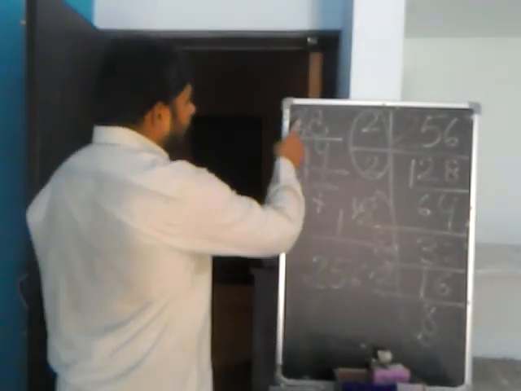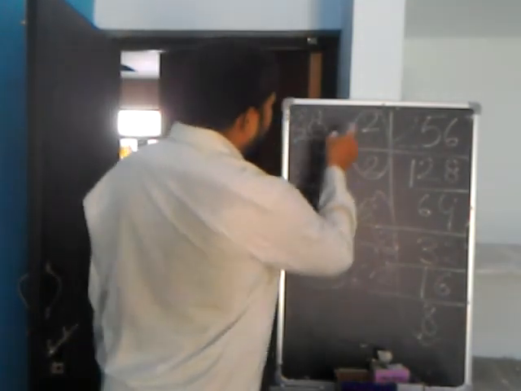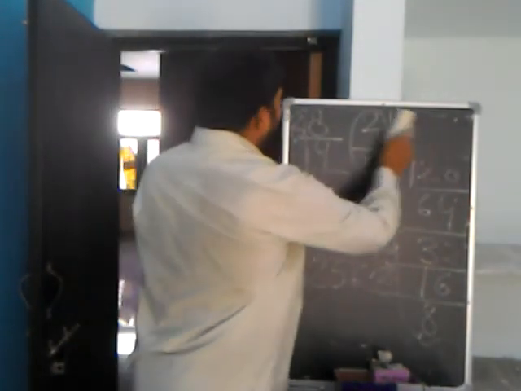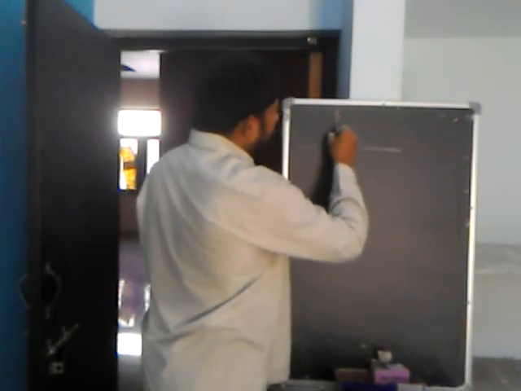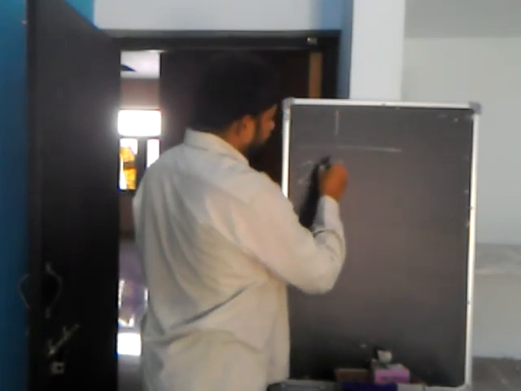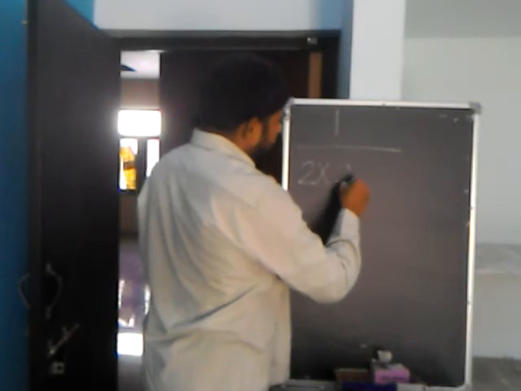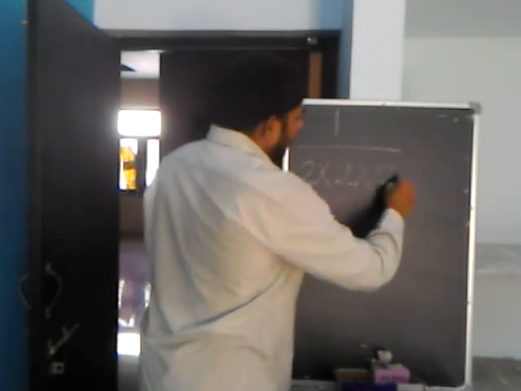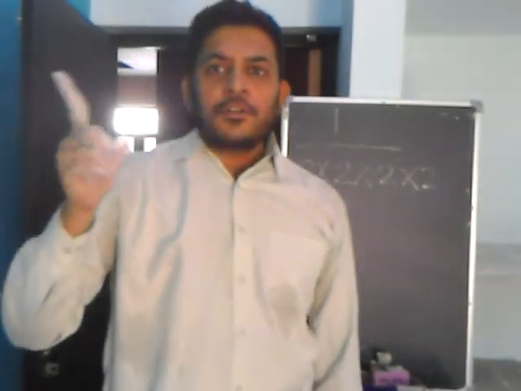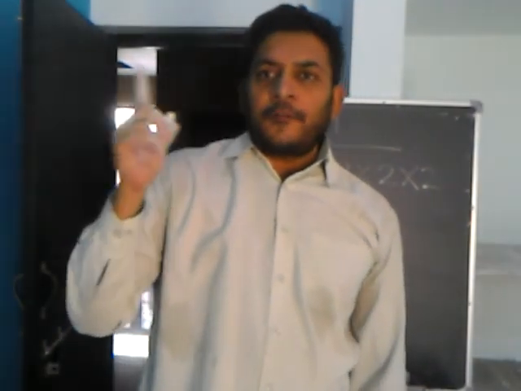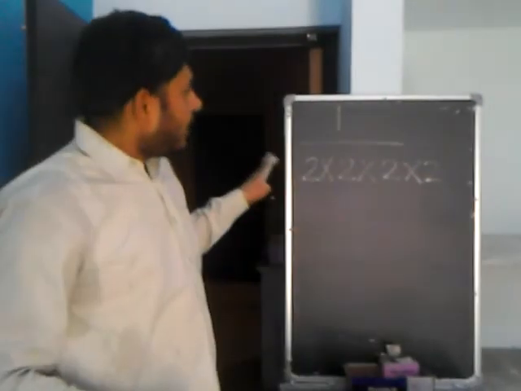Now here we have 4 pairs, so from 4 pairs I get one prime factor each. So I got 4 2's.